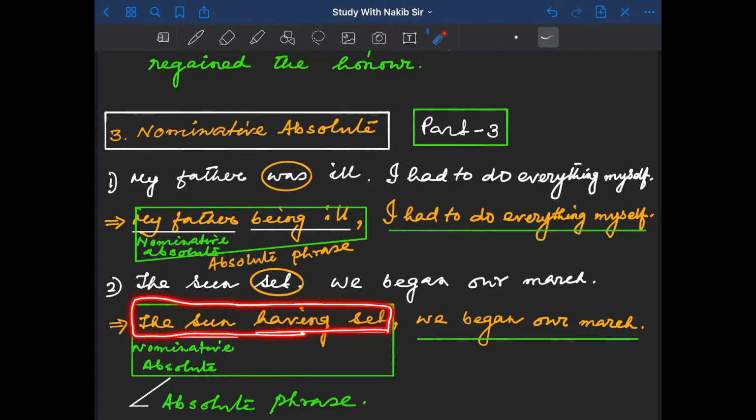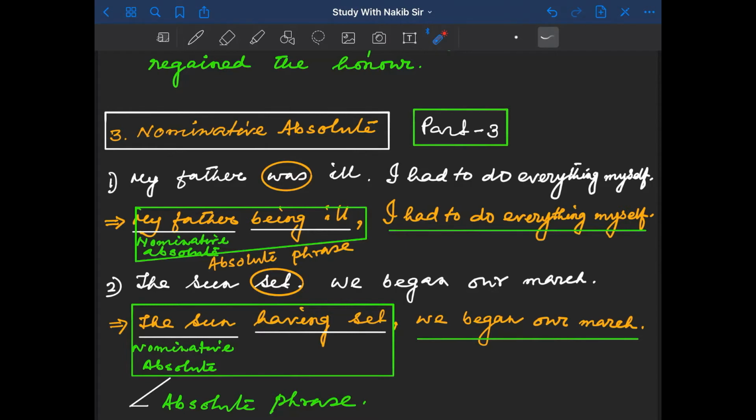And the sun is the nominative, and this nominative is part of the absolute phrase. For this, it is called an absolute nominative or nominative absolute. With the help of this absolute phrase, this sentence can be added to the second sentence, and you will have your combined sentence: the sun having set, we began our march.